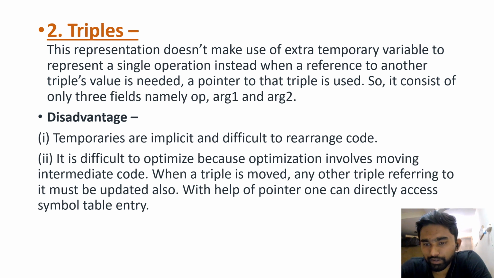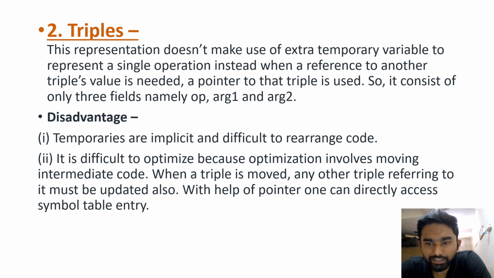But there are some disadvantages of triples as well. Temporaries are implicit and it is difficult to rearrange code, and it is difficult to optimize because optimization involves moving intermediate code. When a triple is moved, any other triple referencing it must be updated also.